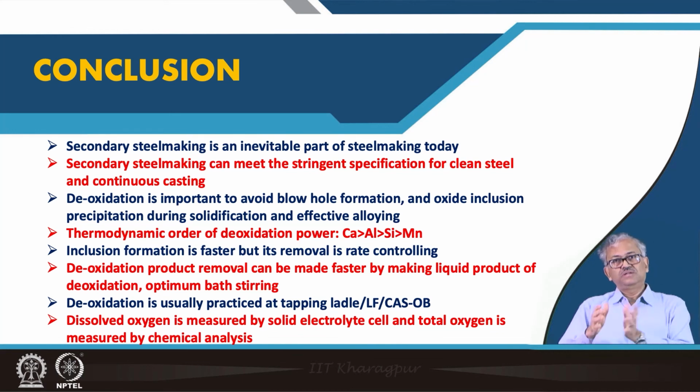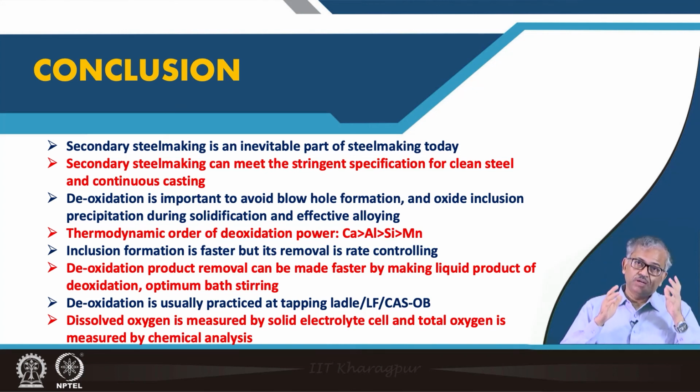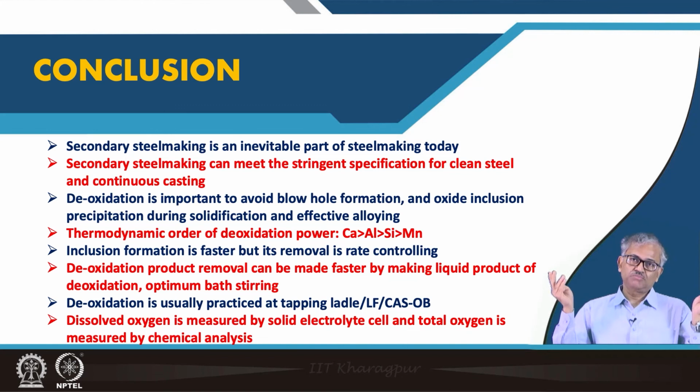Otherwise, deoxidation can be done in the LF also, because there is a temperature compensation unit, an arcing system, in the LF. You can compensate the temperature, because if you add some alloying or deoxidation additions, a lot of heat loss takes place because of melting. So you can do the deoxidation in the LF itself, or in the CAS-OB system, where you can do this deoxidation in a more controlled manner under inert atmosphere without any interaction with the atmosphere.